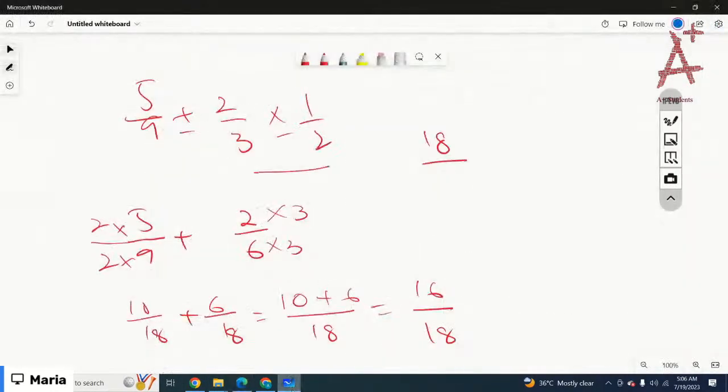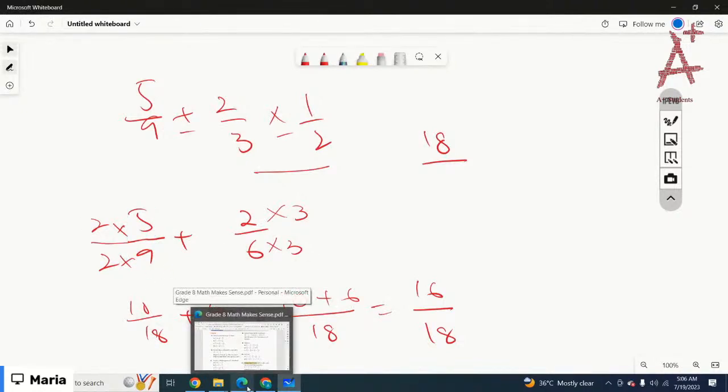11 over 18? 5 times 2 is 10 and 3 times 2 is 6. How 11?